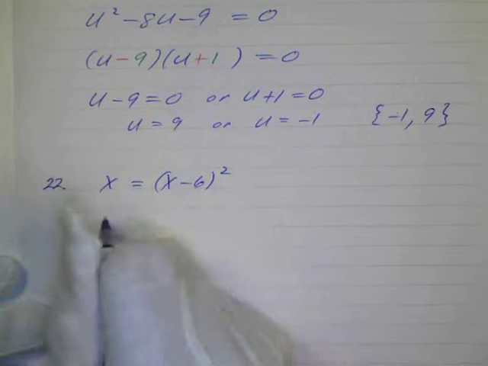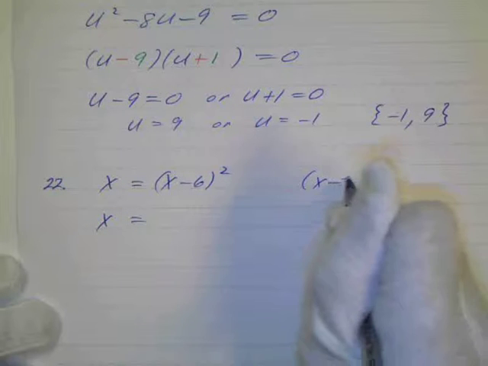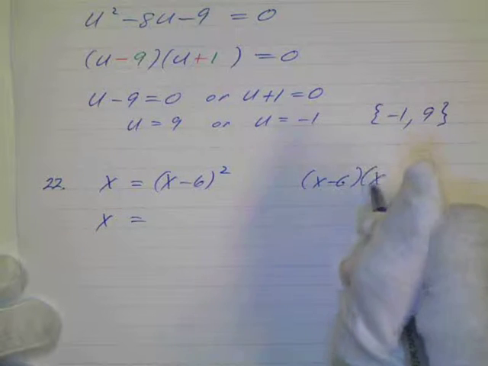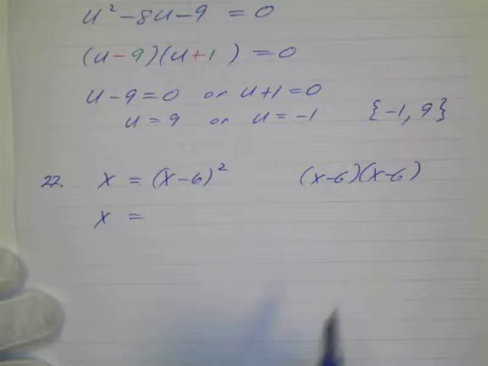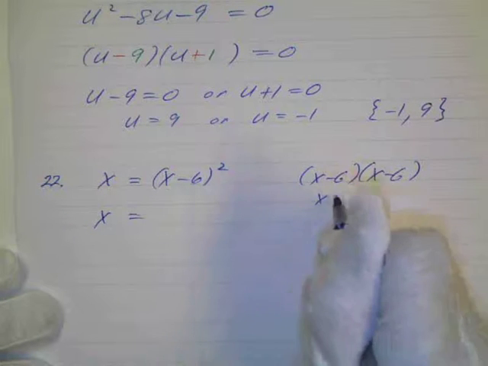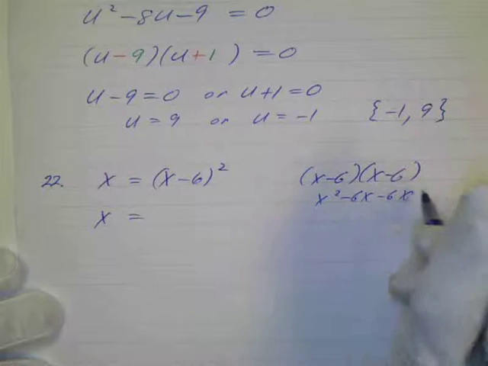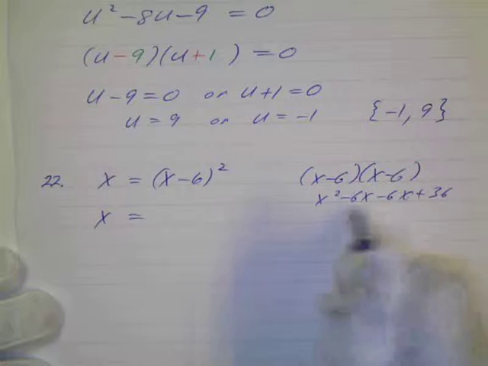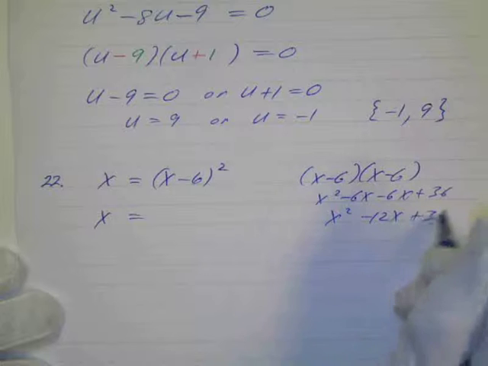And if you have trouble, you can always just write x minus 6 times x minus 6 and FOIL it out, because that's what that means. And if you do that, you're going to get x squared minus 6x minus 6x plus 36. And when we add these, we get x squared minus 12x plus 36.